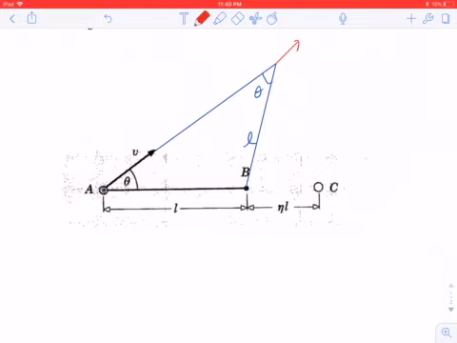Now suddenly at the instant when it becomes taut, we can resolve the velocity into two components, one perpendicular to the thread and the other one along the thread.